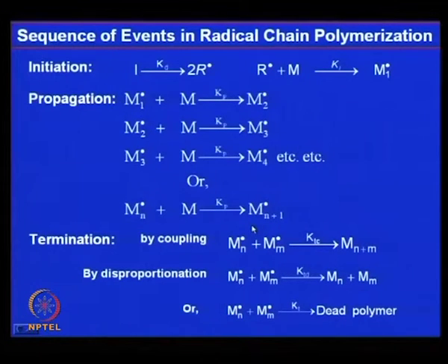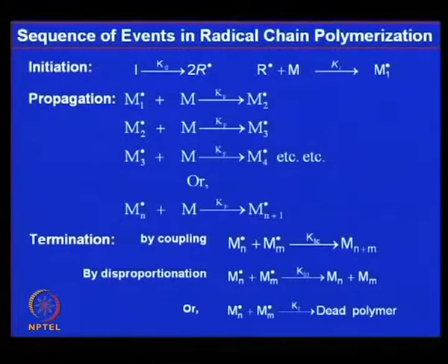If there are monomers available in the reactor, it will go on adding monomer till it becomes dead. These are live radicals, not dead. Now, in order to kill these growing polymer chains, their growth needs to be terminated.